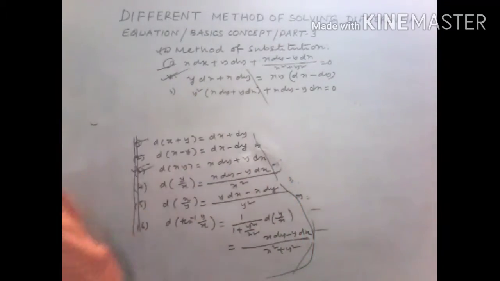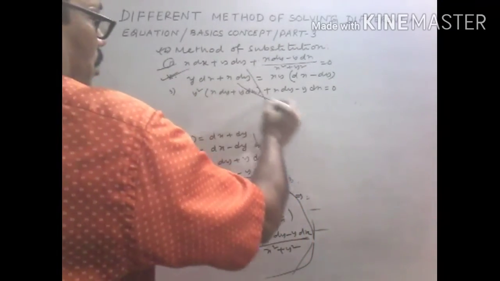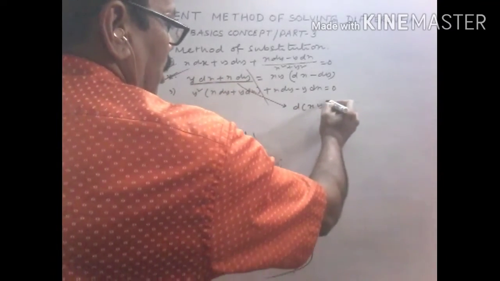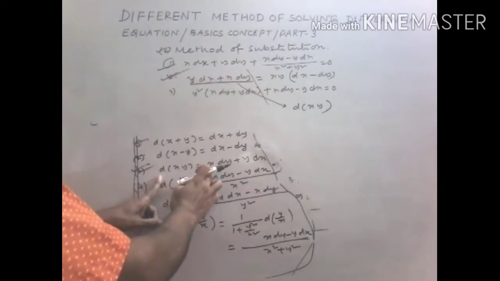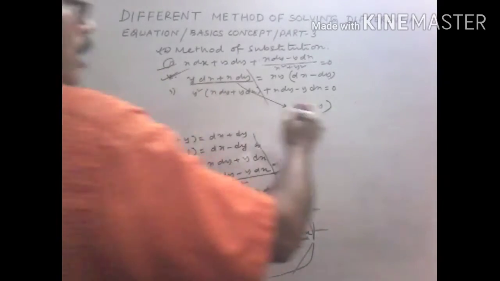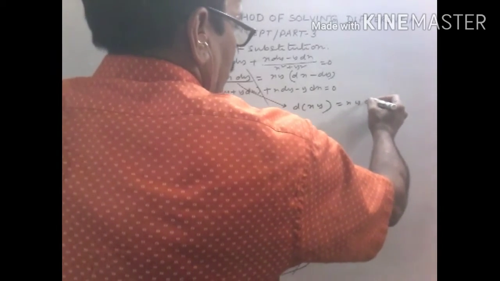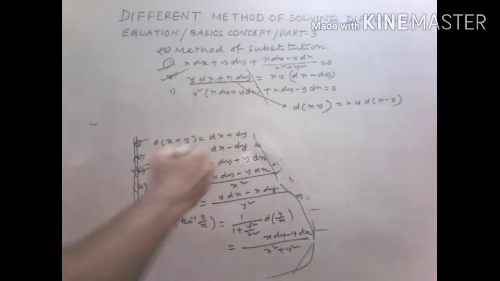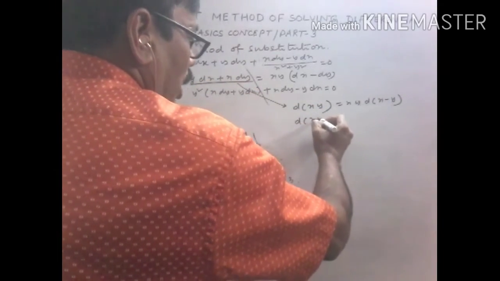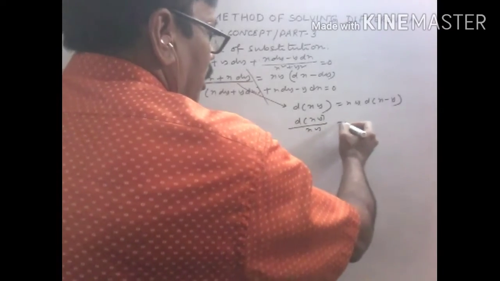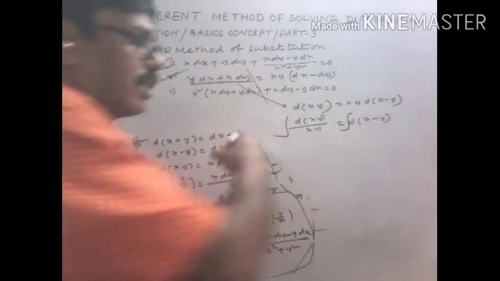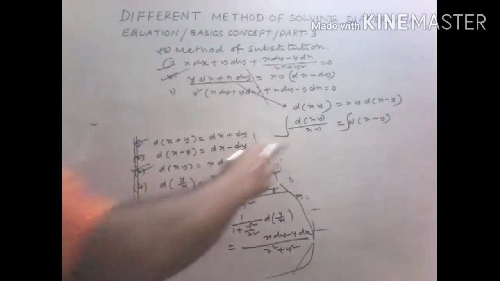So you can solve it by the separation of variable method also. But look, this is y dx plus x dy. So this is a well known result, d of xy, y dx plus x dy. And this is xy, and this is the differential formula of d of x minus y. So now d of xy by xy equals d of x minus y. Now variables are separated.